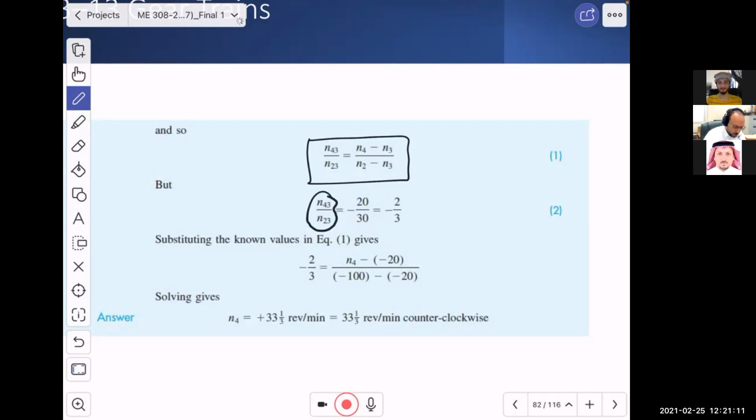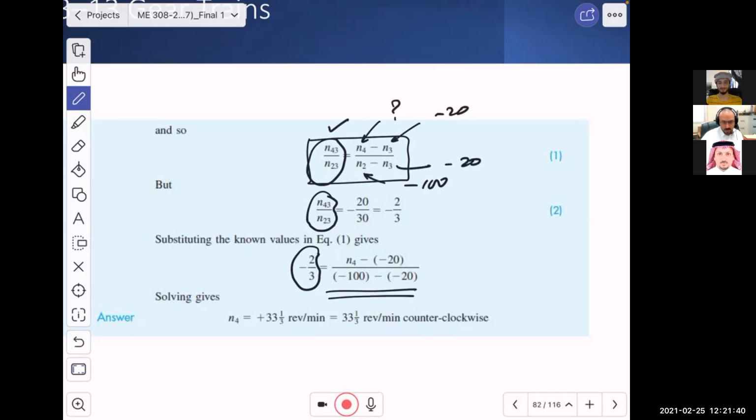Because in the solution, we obtained this ratio, which turns out to be minus 2 over 3, and we substitute these. Now look, N4 is the unknown. N3, we found it to be minus 20, correct? And N2 is minus 100. We said that from before. And this one is minus 20.